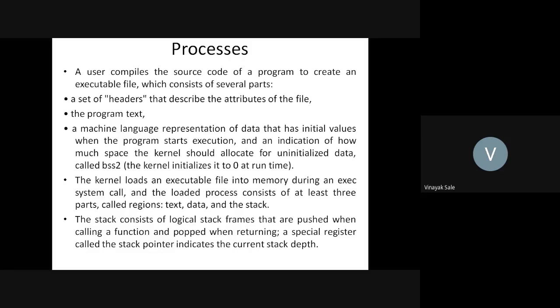The stack consists of logical stack frames that are pushed when calling a function and popped when returning. A special register called the stack pointer indicates the current stack depth.